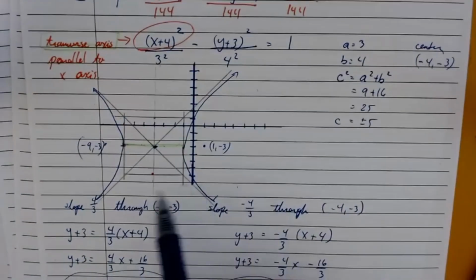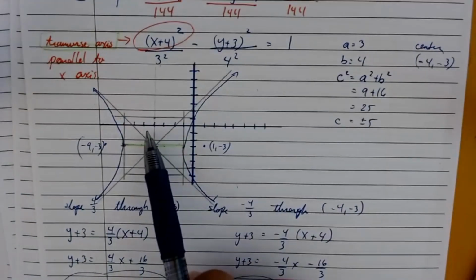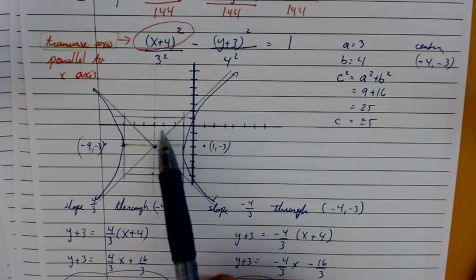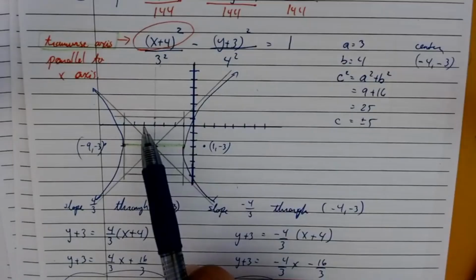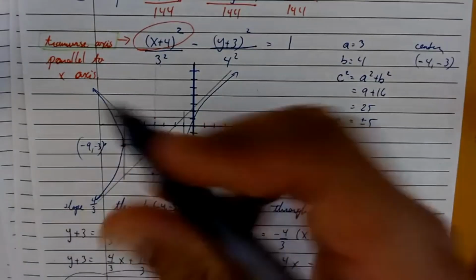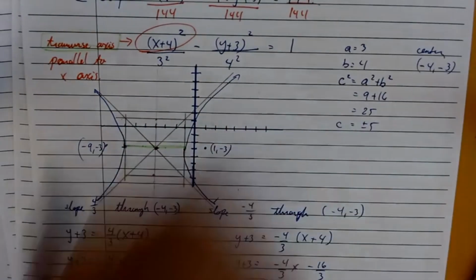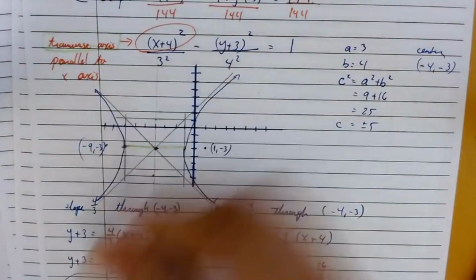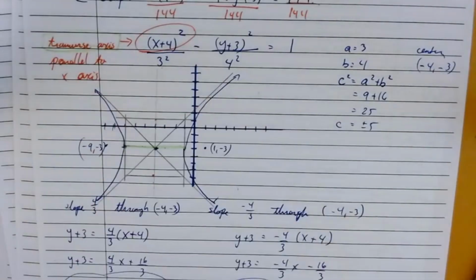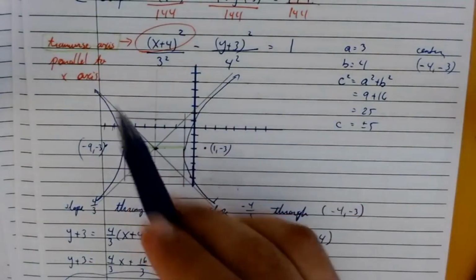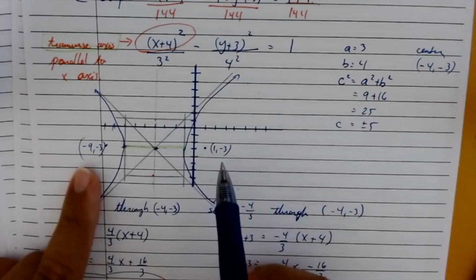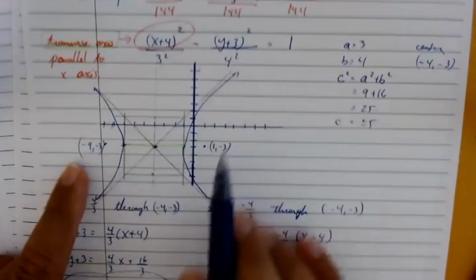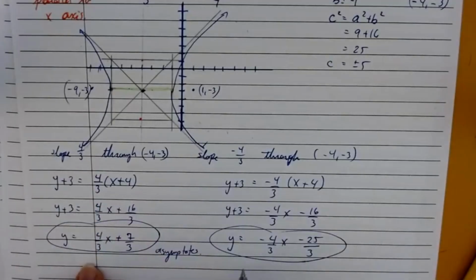And there we go. 1, 2, 3, 4, 5, 6, 7, 8, 9. Yes, okay. I forgot how to count there for a moment. And there we go. There is the graph of our hyperbola, along with the location of its 2 foci and the equations of its 2 asymptotes.